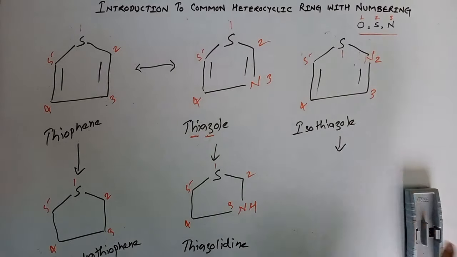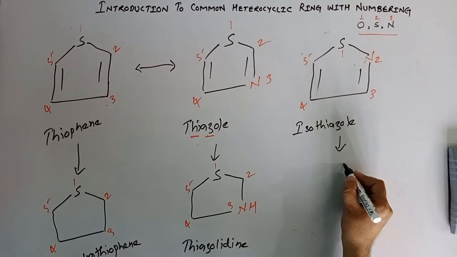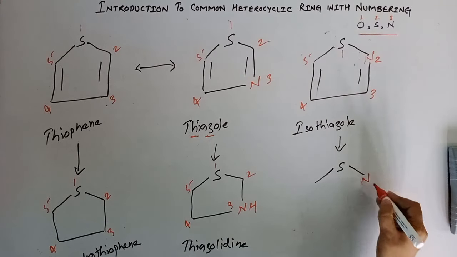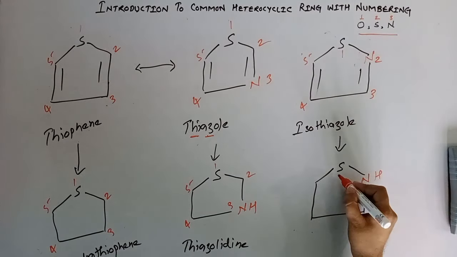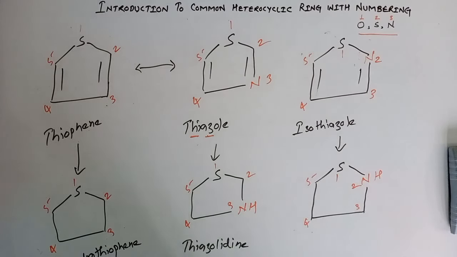Now the saturated structure of isothiazole is like this. 1, 2, 3, 4 and 5.